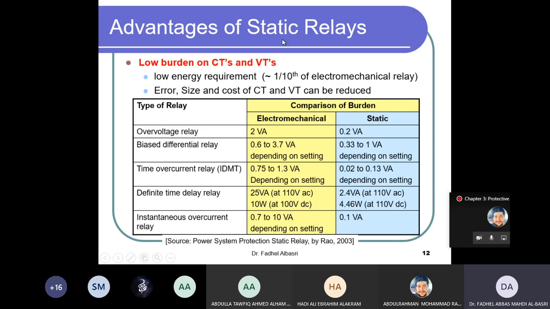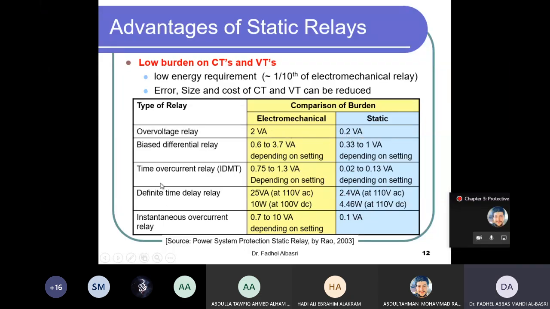We compare the burden of static relay with electromechanical relay. Suppose we have an over voltage relay, the burden of the over voltage relay is 2 volt ampere, as compared to the same type of relay, if it is built based on static, it is just 0.2 volt ampere, 1/10 of this.